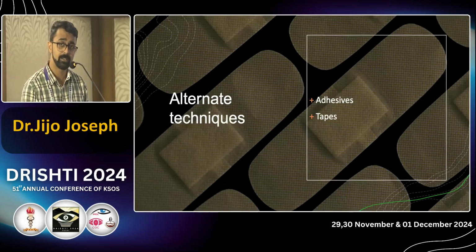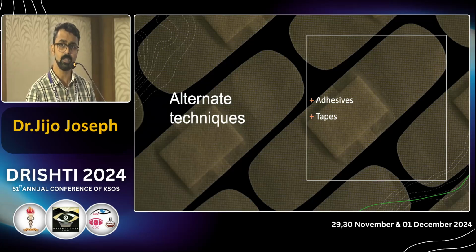The alternate techniques to suturing include adhesives and tapes. So adhesives are the substances that you apply on already opposed wound margins to keep them in place so that it heals better. And tapes are the substance that helps to keep the wound margins together. So if you can oppose the wound margins together mechanically, there are different ways of doing it.